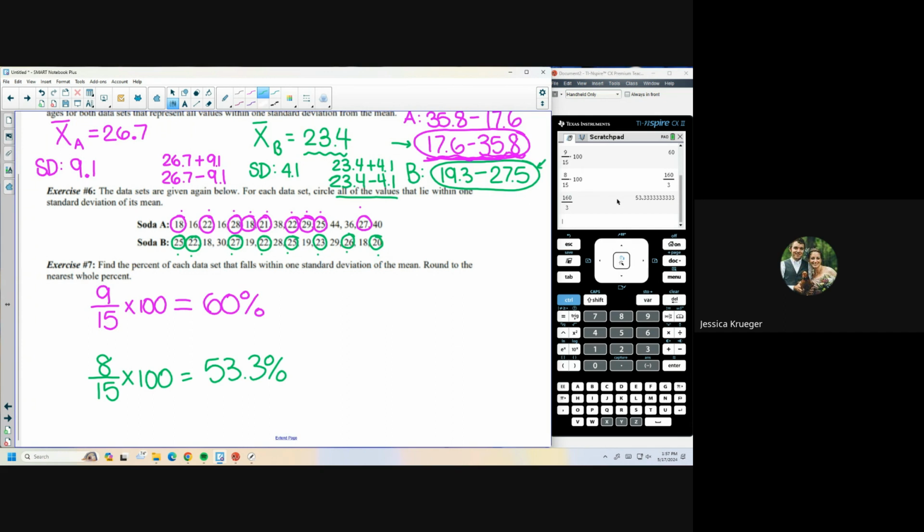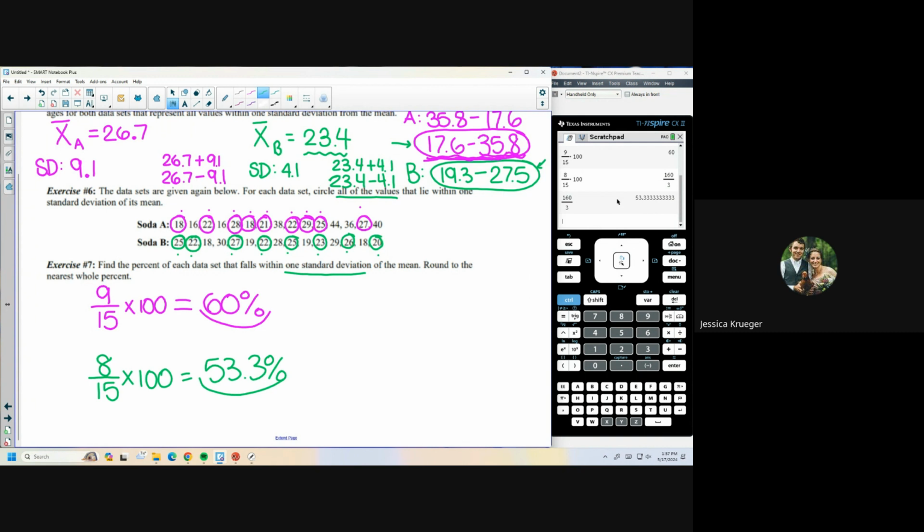So when we talk about standard deviation, this tells us, again, where our typical ages are, okay? Around 60% of data typically falls within one standard deviation of the mean.